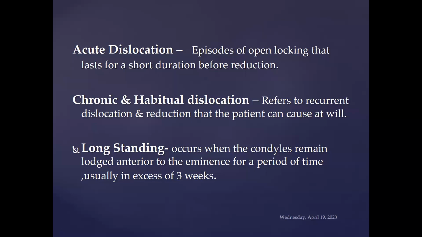So the main difference between acute dislocation and chronic or habitual dislocation is that acute is an episode of short duration with open locking. The patient won't be able to bring it back, and that is what is called an acute dislocation.